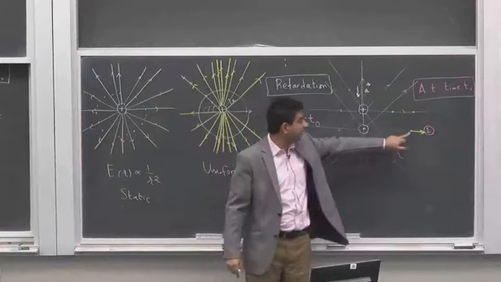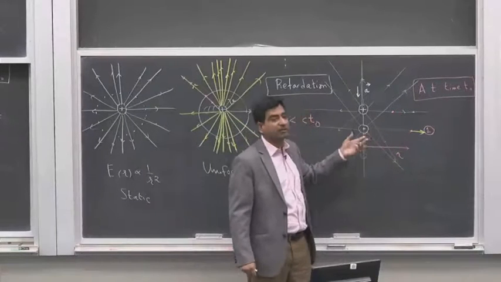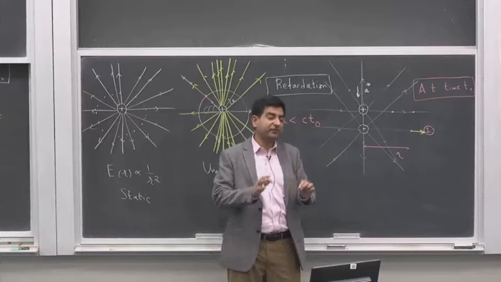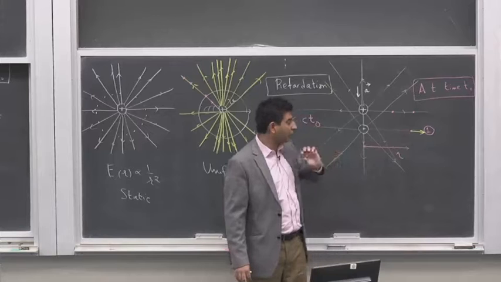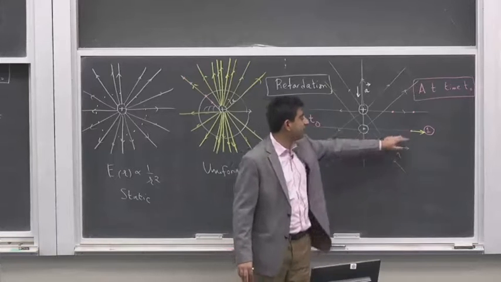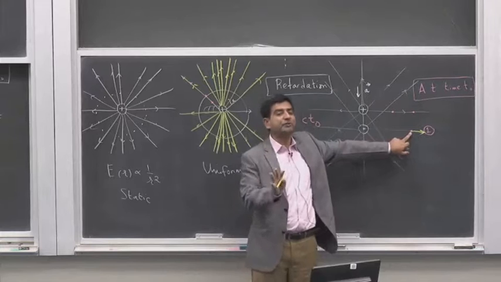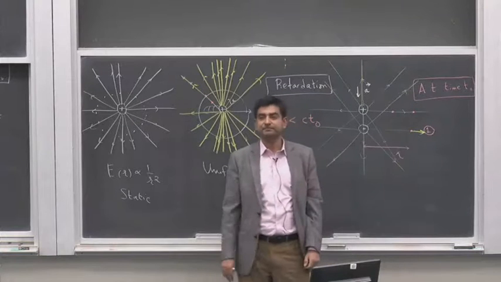However, this observer 1 is at a certain distance from the charge such that the electric field has enough time to propagate to this point, so that the information of the new electric field has been transmitted to observer 1. So the new configuration of the electric field is pointing in this direction.